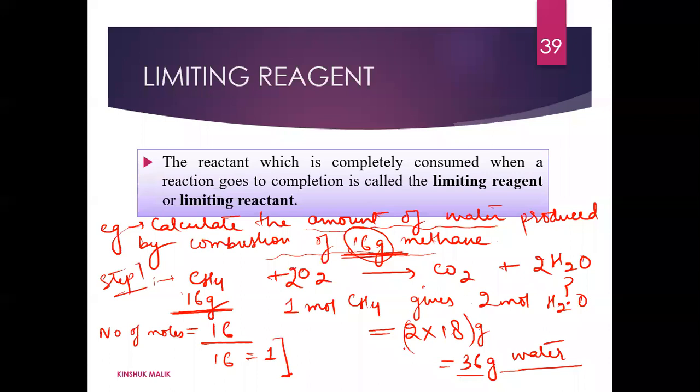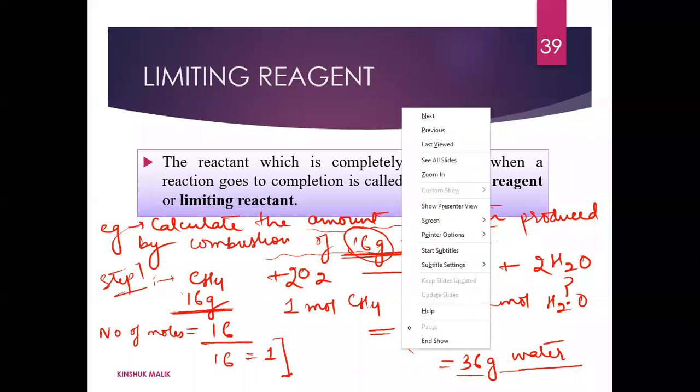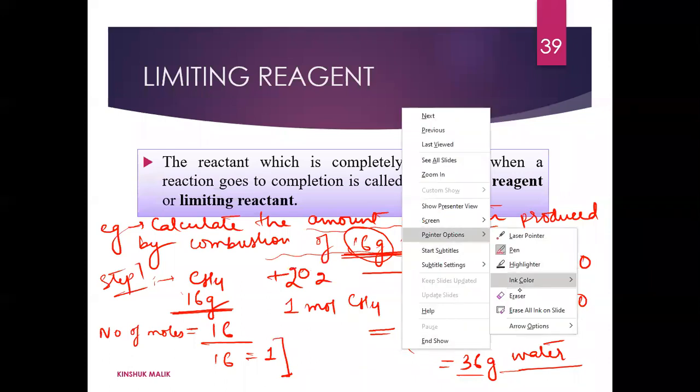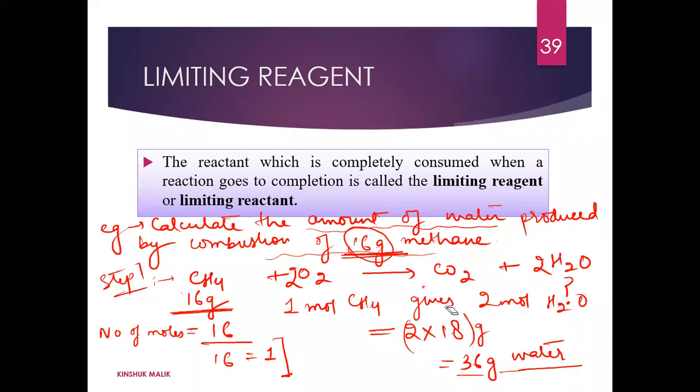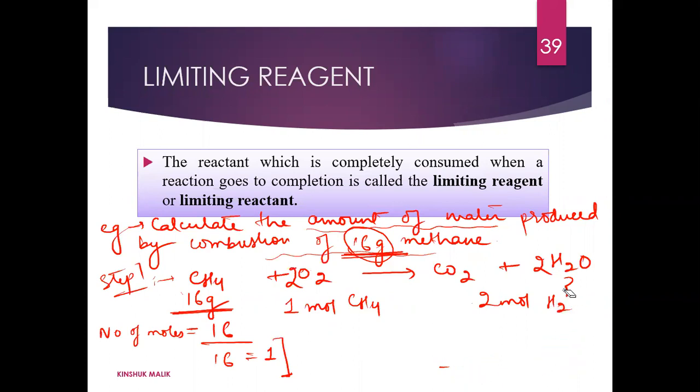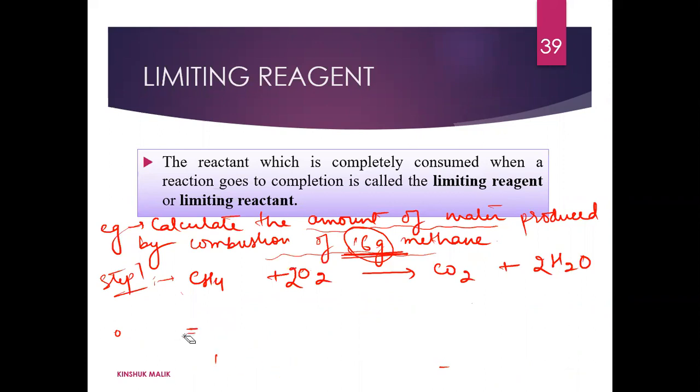Okay. Now, this was an NCERT question. Suppose I want to change the data given in this. Sometimes a reverse question also comes, where you are given the amount of product and they ask, if we want to prepare this much product, what amount of reactant is required.